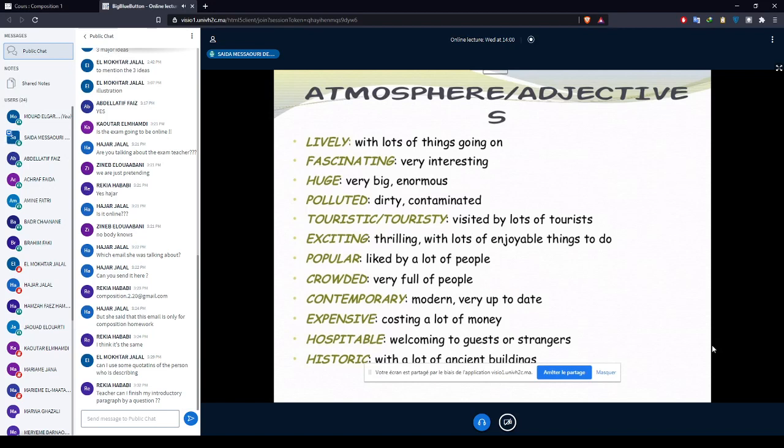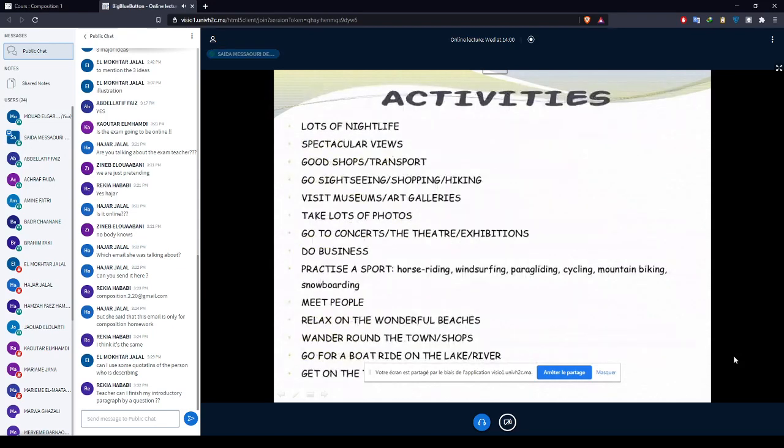Touristic, we do not say it a lot, that's French, touristique. We say touristy, visited by lots of tourists. Exciting, thrilling, with lots of enjoyable things to do, popular, crowded, contemporary, modern, very up-to-date, expensive, historic. So activities, you can talk about activities of a place. Okay?